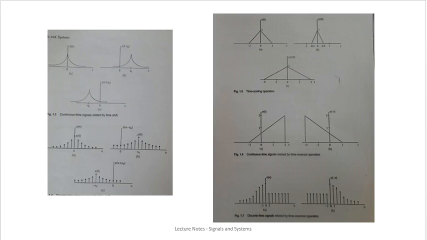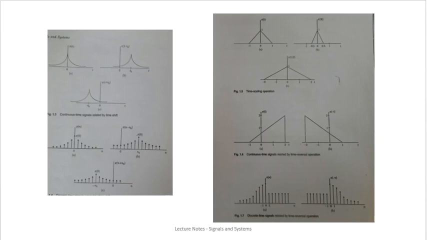On the left hand side you can see the examples of time shifting, and on the right hand side you can see the examples of time scaling as well as time reversal operation.